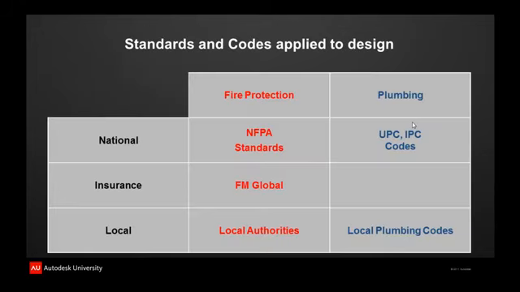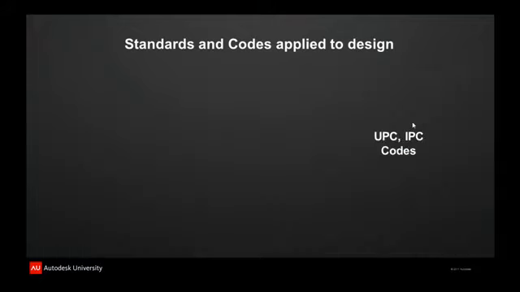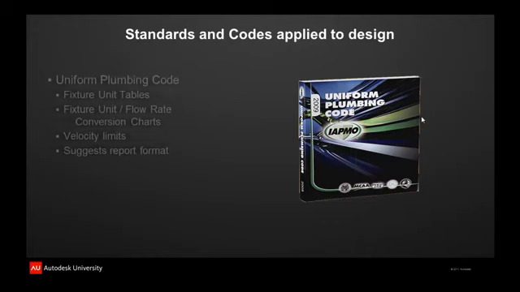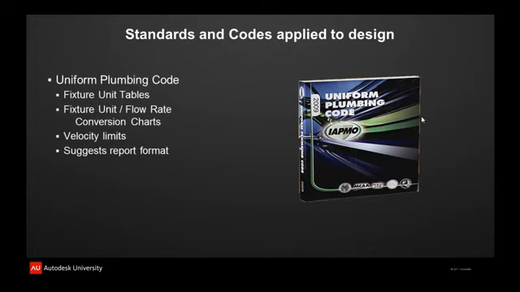By comparison, the plumbing codes are many and varied, but the UPC and the IPC, the Uniform Plumbing Code and the International Plumbing Code, are among the most popular and most widely used standards. They specify fixture units, conversions for those fixture units, velocity limits, and suggest report formats for the calculation of plumbing supply systems.